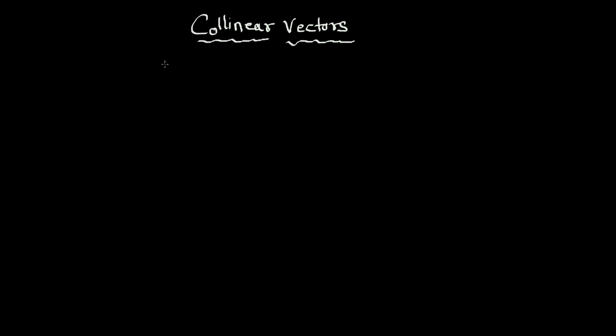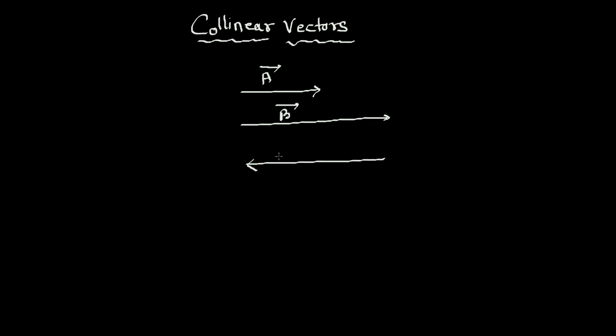Suppose this is vector A, this is vector B, and this is vector C, where C is minus 3A and B is 2A.